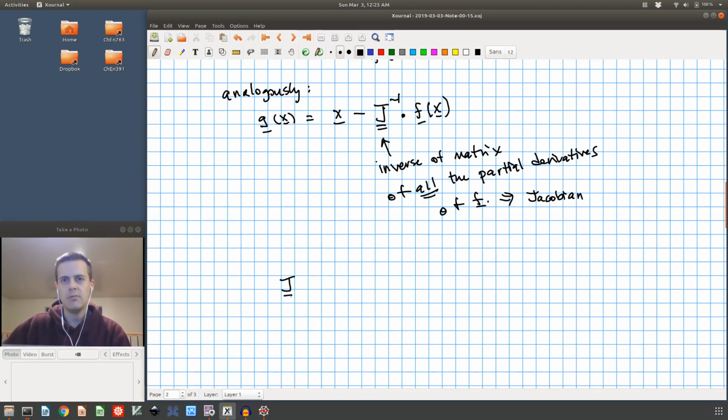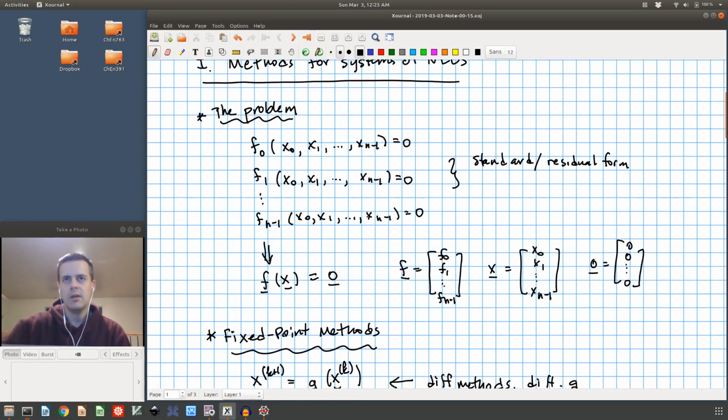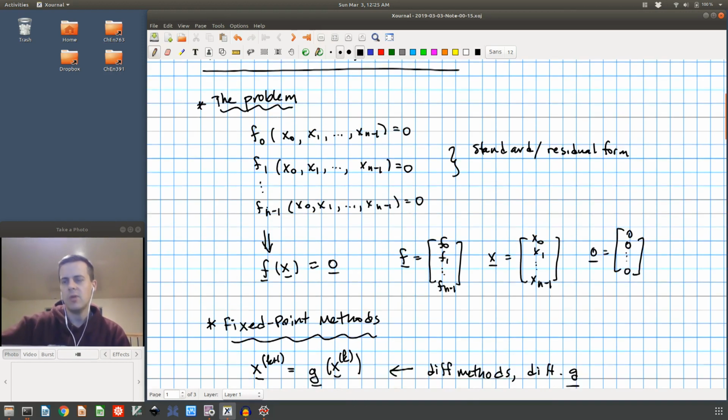So J matrix is equal to, hit the erase button again. The suspense is killing us here. Let's see, where am I? df0 dx0. So remember, this f vector is f0, f1, f all the way down to f n minus 1.